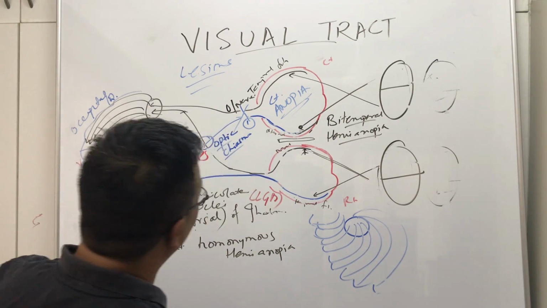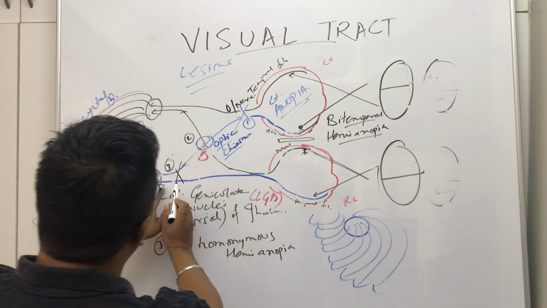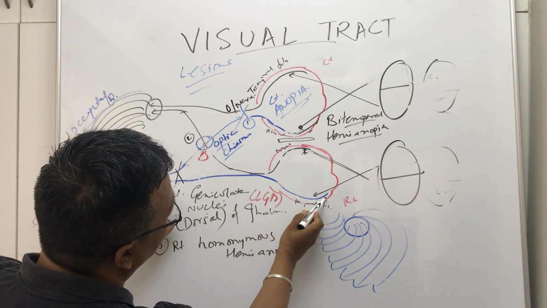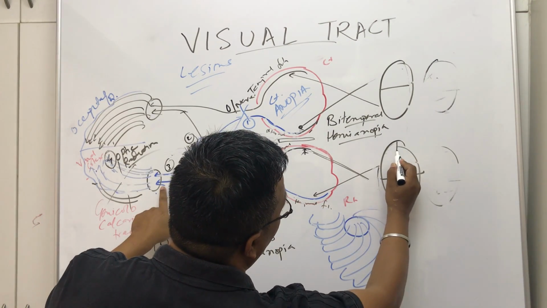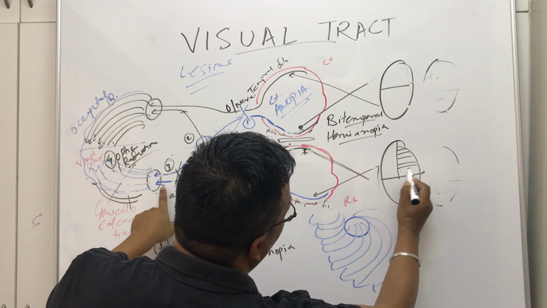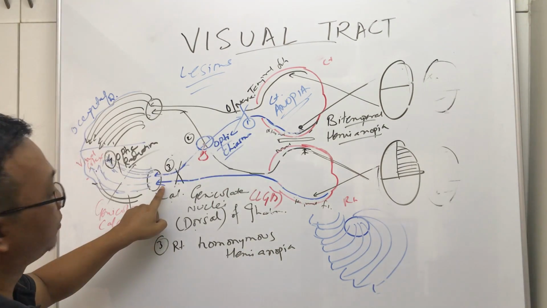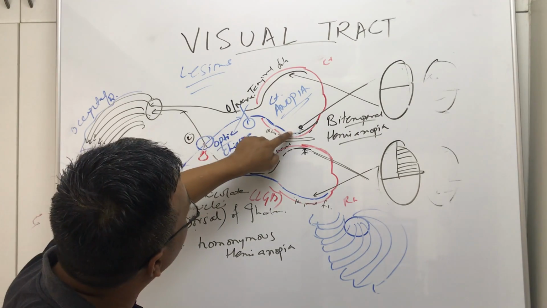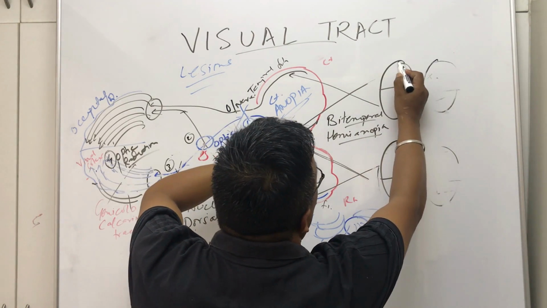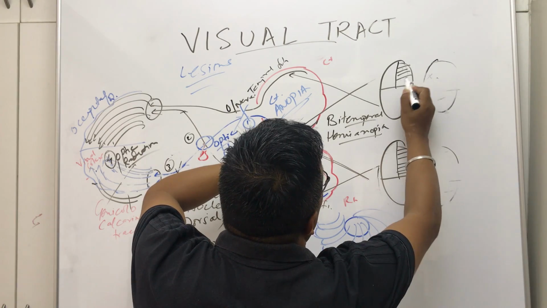So just like number 3, because it consists of optic nerve fibers from the temporal vision, this much will be lost, the superior part, half. And it also consists of these nasal fibers, which is here, this much will be lost.